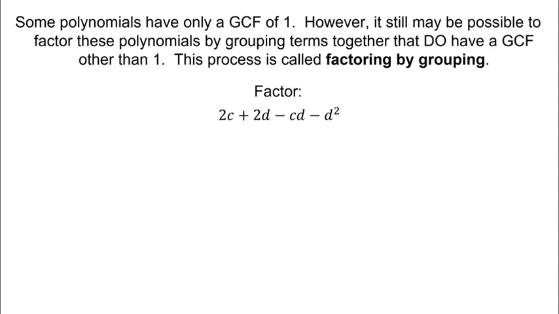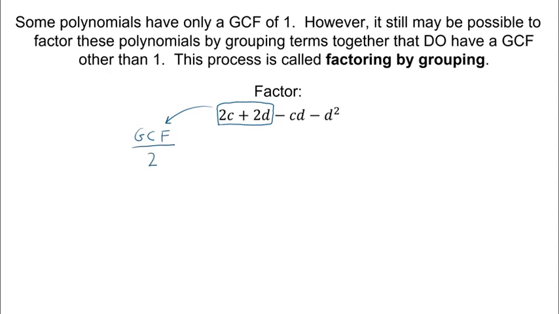This process says that if there's not a GCF among all 4 terms, look at the first 2 terms, 2c plus 2d. Is there a GCF among those 2 terms? And the answer is yes. There is a GCF between the first 2 terms, and that GCF is 2.